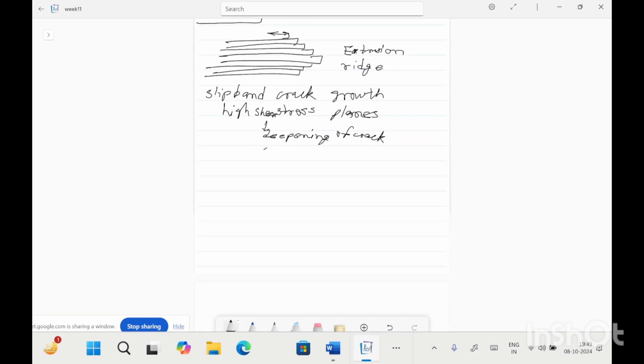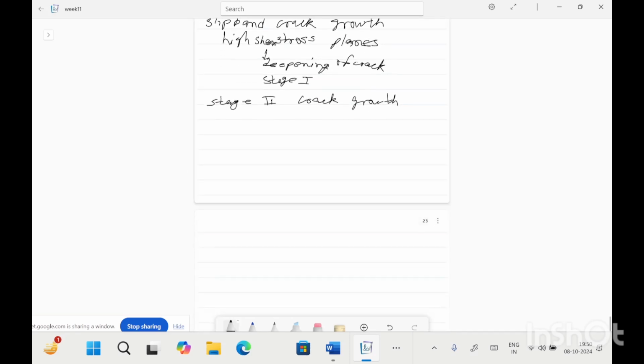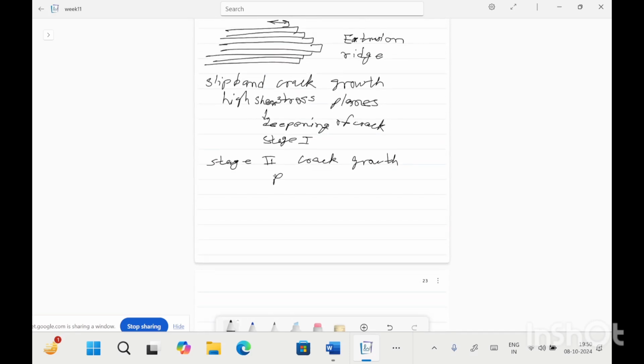So this is the stage 1 crack. Second, stage 2 crack growth happens on the planes of high tensile stress.